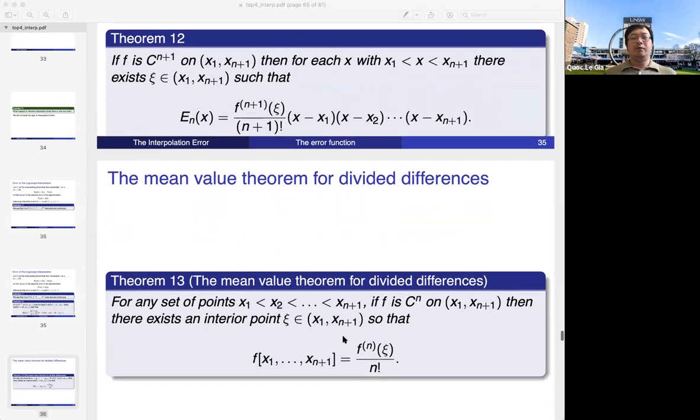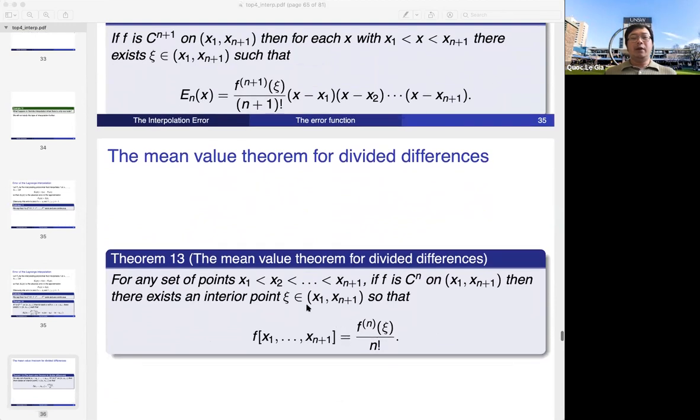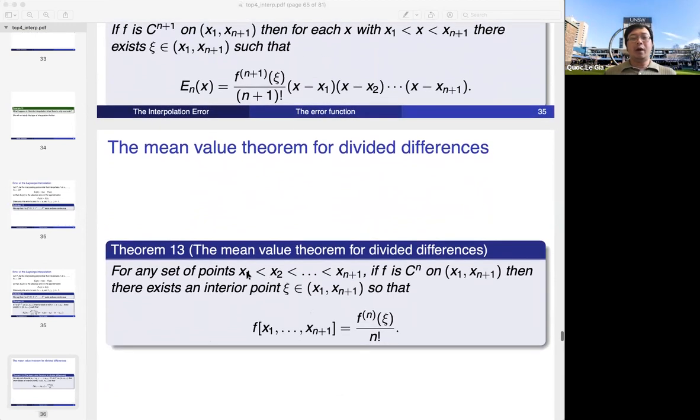The mean value theorem for divided differences says that suppose you have x1 less than x2 less than ... xn plus 1, and f is Cn, which means that the nth derivative of f exists. Then the divided difference over x1 up to xn plus 1 can be written as the derivative of order n at some point xi over n factorial. So we look at this theorem first.